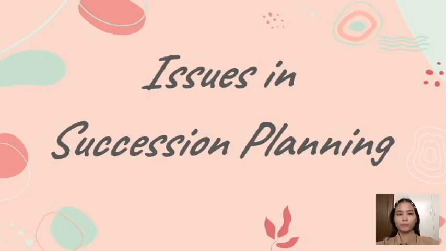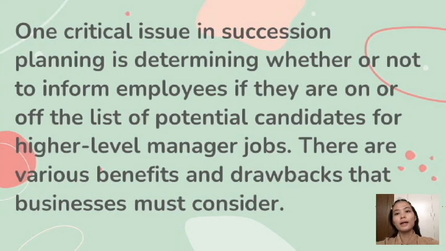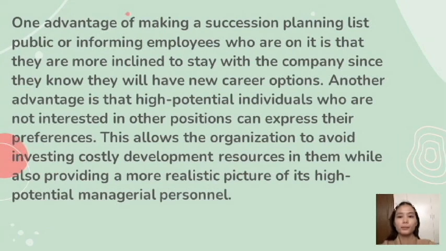Issues in succession planning. One critical issue in succession planning is determining whether or not to inform employees if they are on or off the list of potential candidates for higher level manager jobs. There are various benefits and drawbacks that businesses must consider. One advantage of making succession planning lists public or informing employees who are on it is that they are more inclined to stay with the company since they know that they will have a new career option.